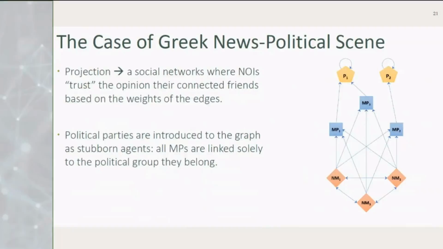The projection was used as a social network, where the weights of the edges represented the trust of each node to its friends. In some cases, the MPs were transformed into stubborn agents that followed only the opinions of their parties.